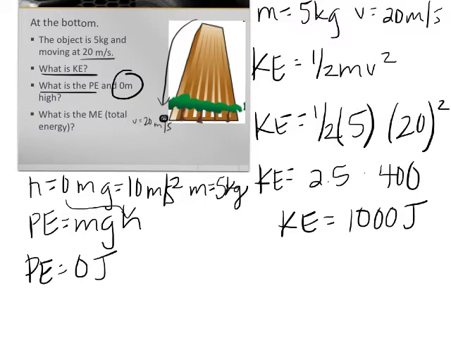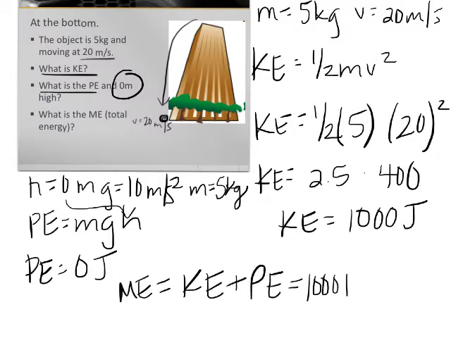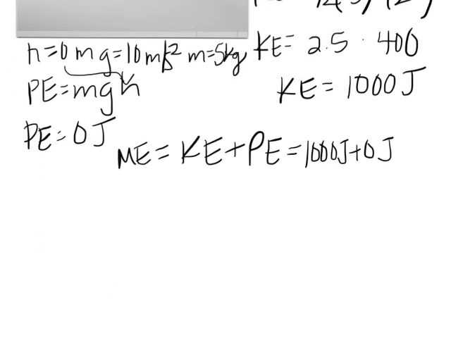Okay? So if we want to find our mechanical energy, or our total energy at the bottom of the building, ME equals KE plus PE, which is equal to 1,000 joules plus 0 joules. That gives us a mechanical energy of, once again, 1,000 joules.